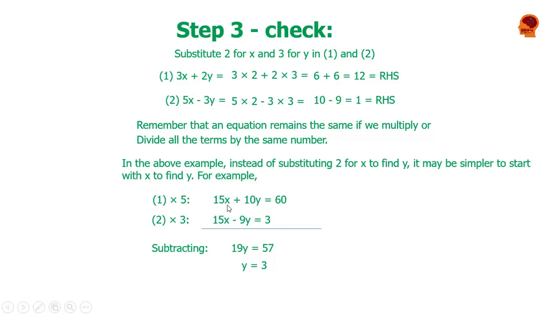Don't forget left and right. We don't write x15, instead we have 15x. Then we add the equations if the coefficients of the variable to be eliminated are equal but of different signs. So you see, we add when they have different signs and we subtract when they have the same signs.